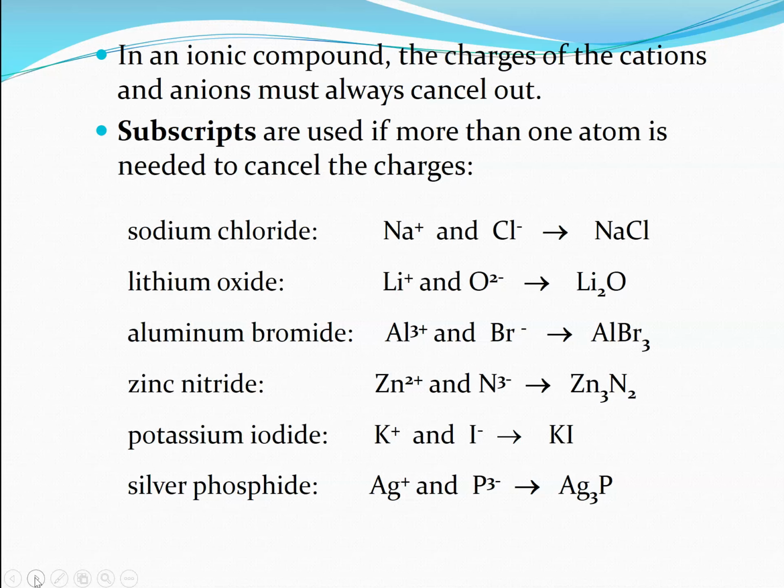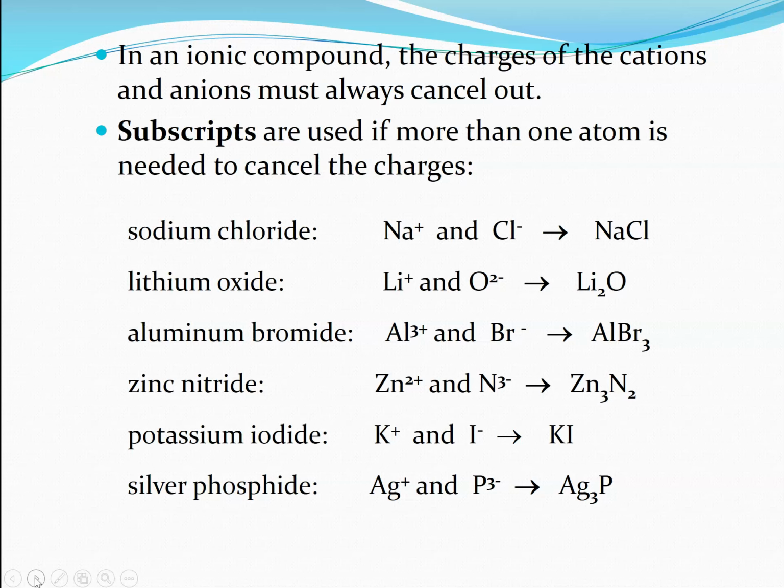Potassium iodide. You have potassium being a +1 and iodine being a -1. Same number, opposite charges. They cancel out. You just write the elements themselves. Silver phosphide. Again, silver has a +1.